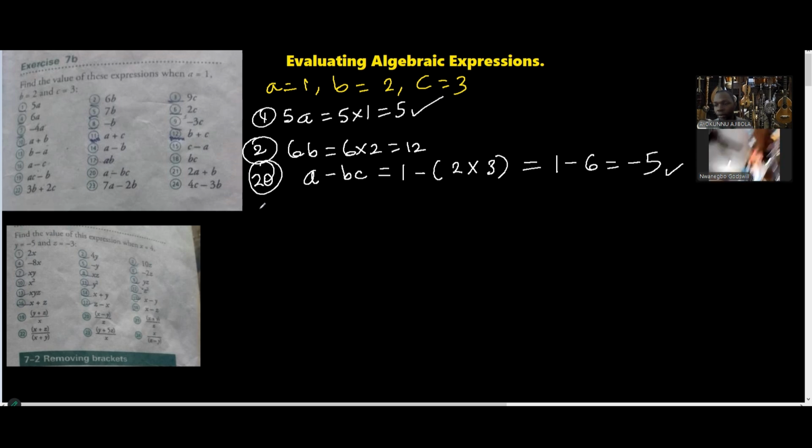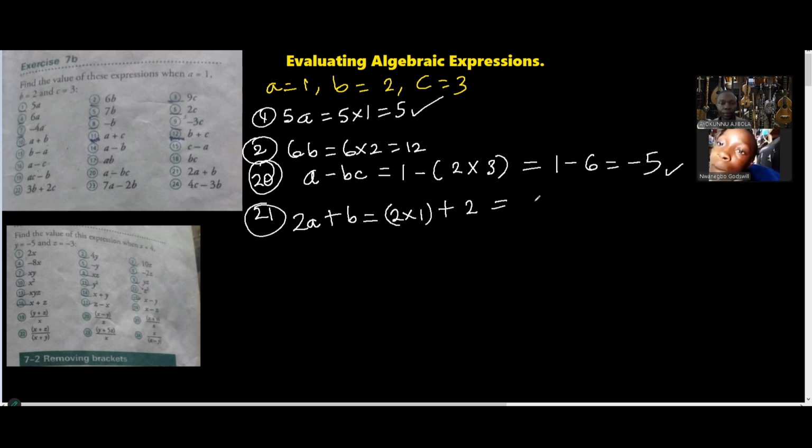So number 21, it says 2a plus b. So that is 2 times 1 plus 2, which is 2 plus 2, and that is 4.